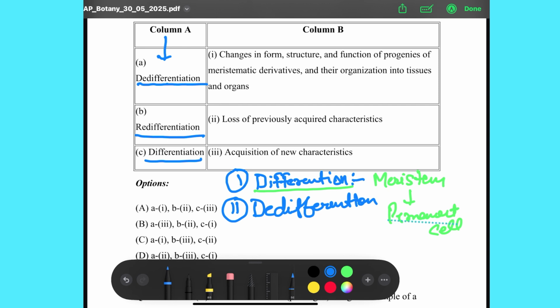जब भी हम de-differentiation की बात करेंगे, that means when permanent cells get changed to meristematic again, so we will call it de-differentiation. Now the third is re-differentiation, again the name indicating.